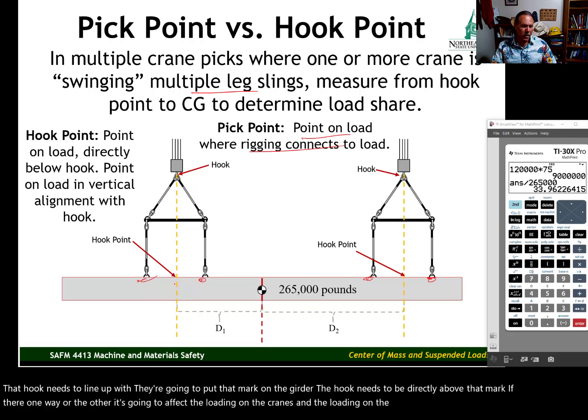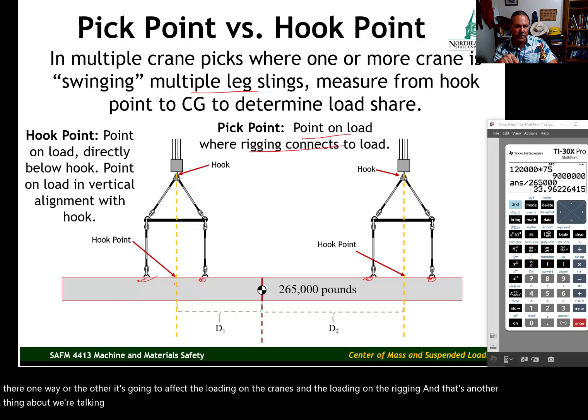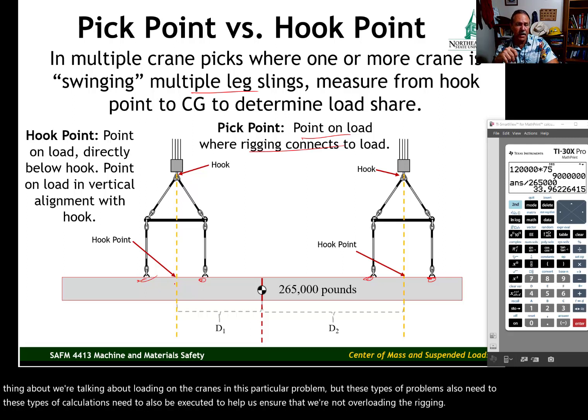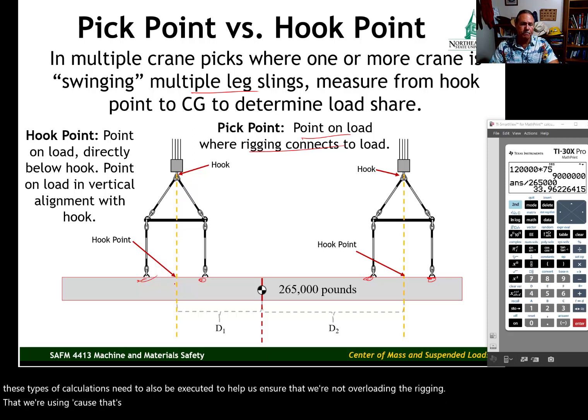And that's another thing, we're talking about loading on the cranes in this particular problem. But these types of calculations need to also be executed to help us ensure that we're not overloading the rigging that we're using, because that's also a concern.